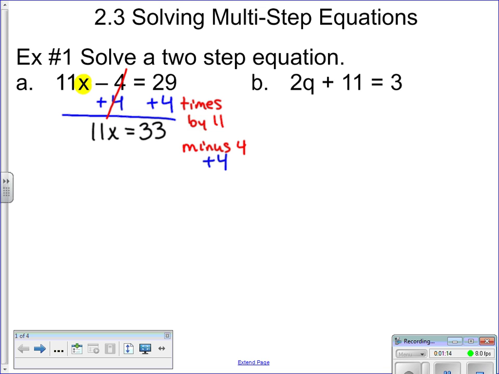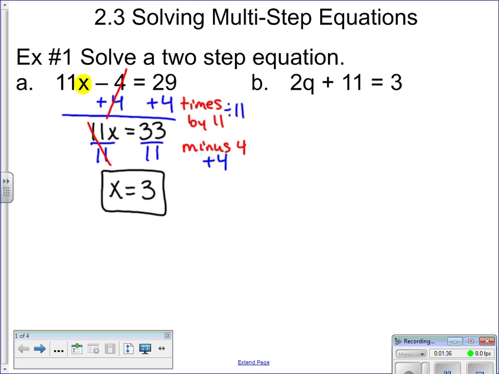Now, the opposite thing from times 11 is divide by 11. So if you divide by 11, the two 11s cross out because of the multiplicative inverse, and you find out that x equals 3.